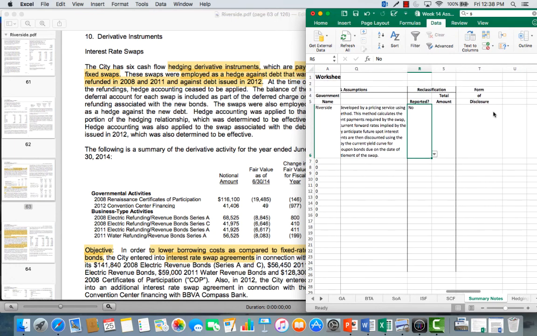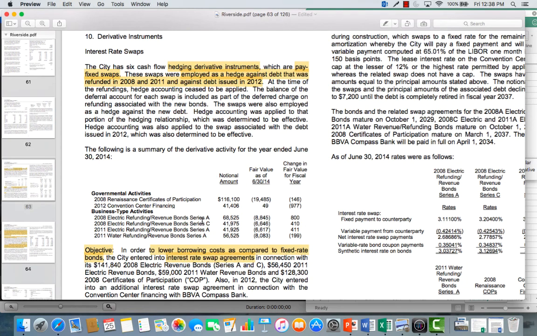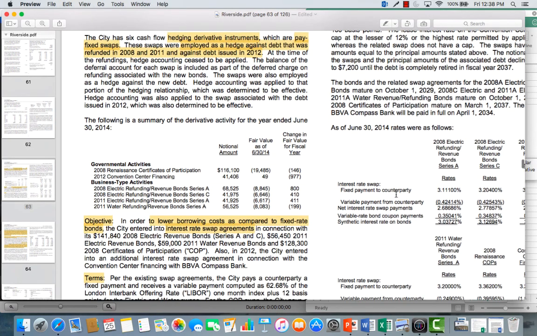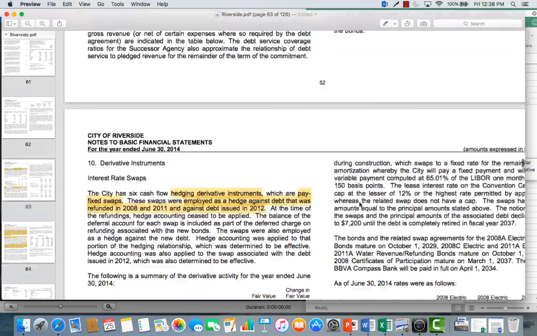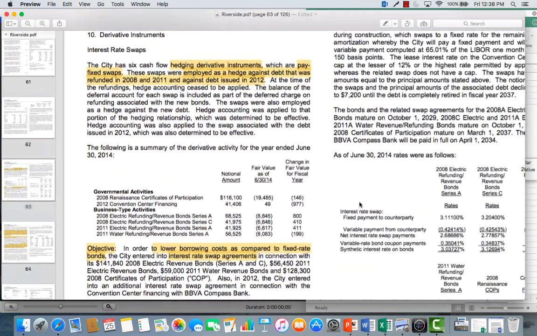And then one last question about the summary area is to ask about the form of the disclosures, whether it's primarily tabular, primarily narrative, or a mix of both. And I would say that this is probably a mix of both. Here's one table, here's another table, there's another table here. It's mostly narrative, to be certain.